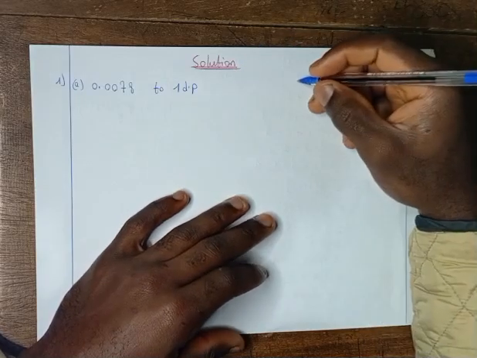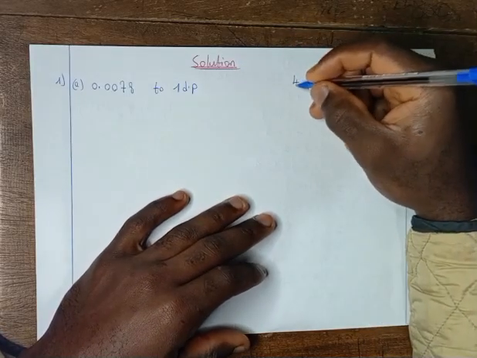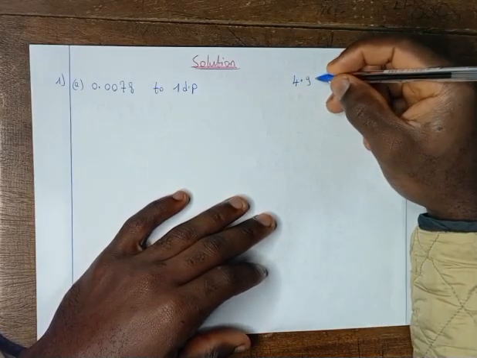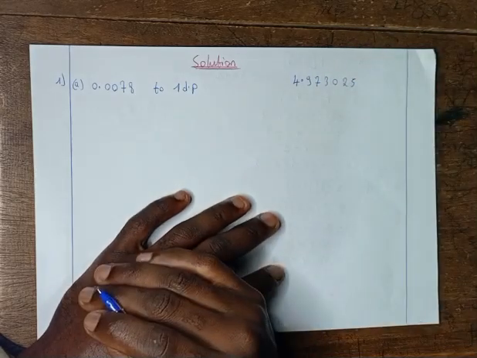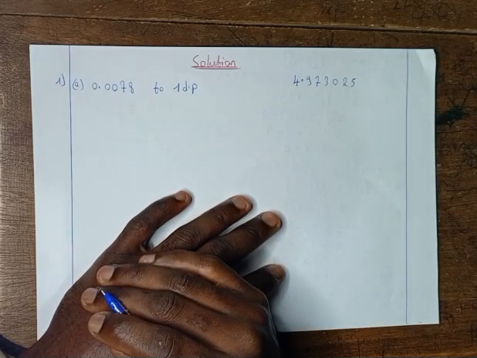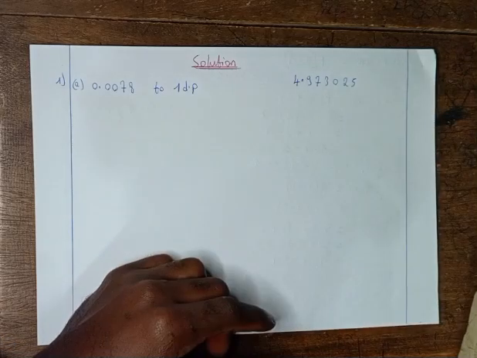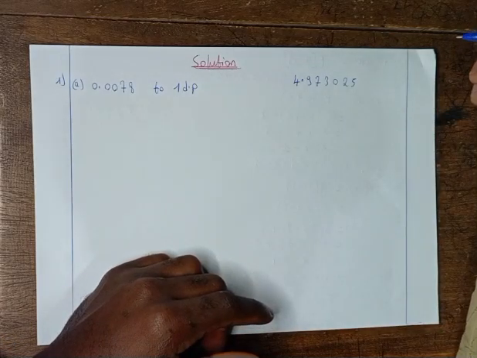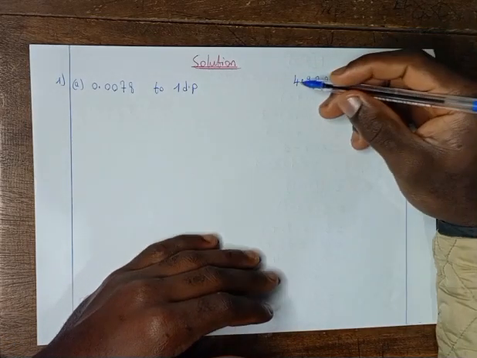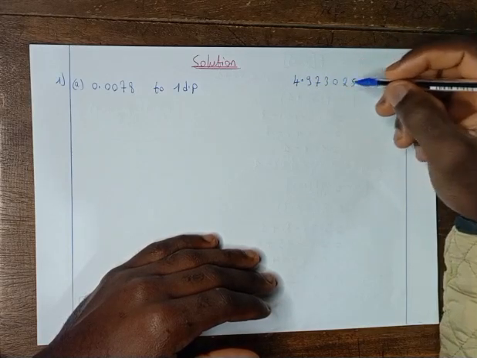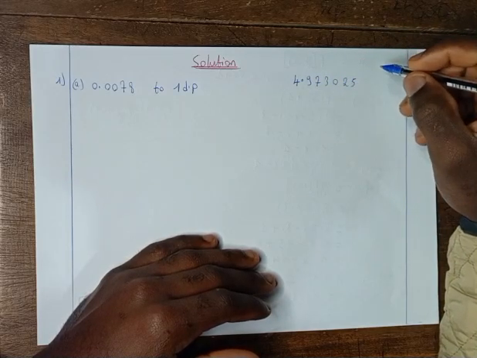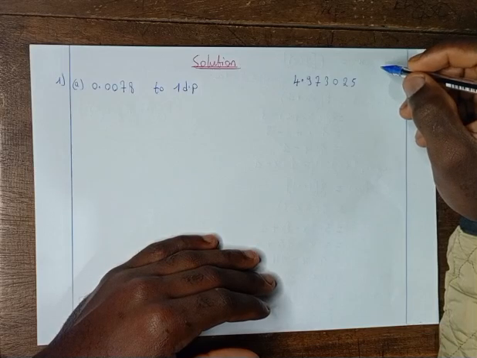If we are given a number, for example, let's assume we are given the number 4.973025, when counting the number of decimal places of this number, we simply count the digits after the decimal point. This number has 1, 2, 3, 4, 5, 6. It has 6 decimal places.